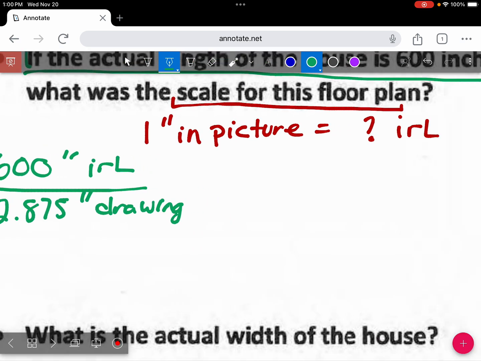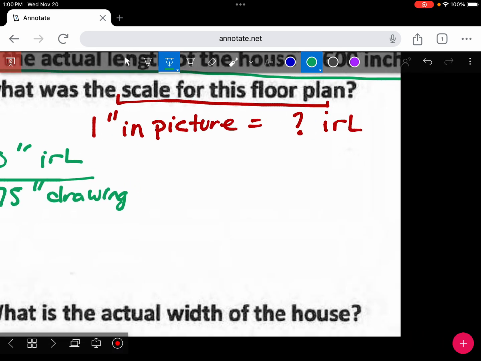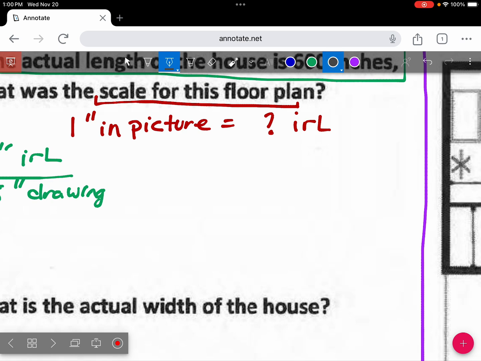What we can do is we can actually simplify this. If we do that in the calculator and do 600 divided by our 2.875, that's going to put it over 1. That's going to give us our 1 inch of drawing. So we're going to type this in the calculator, and it's going to tell us a number.